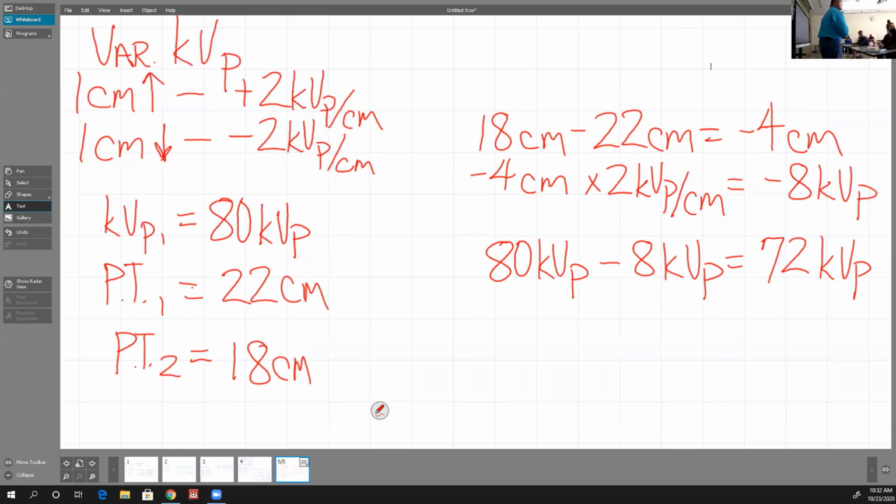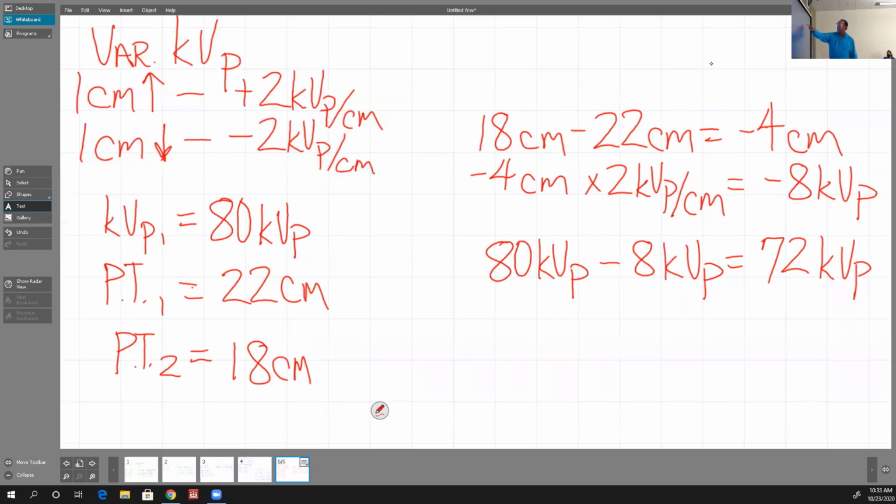Isn't the decrease supposed to be multiplied by negative 2 kVp? It's negative 4 times 2 kVp per centimeter. What about the part that you wrote before on the left-hand side, the 1 centimeter decrease? You add here, you subtract here.